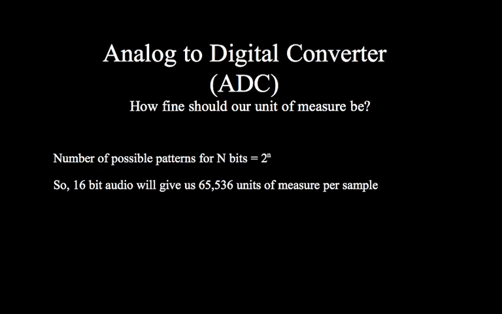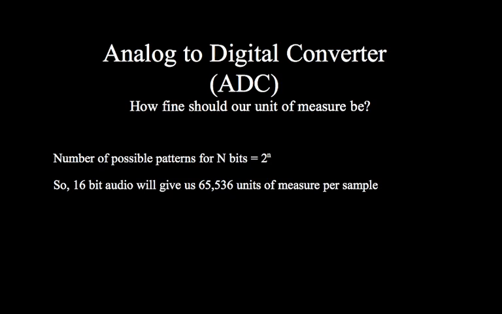Each sample is going to have a sequence of ones and zeros of a certain length. CD audio is 44,100 samples per second, and it's 16-bit. So each of those samples has a sequence of 16 digits that are either a 1 or a 0.